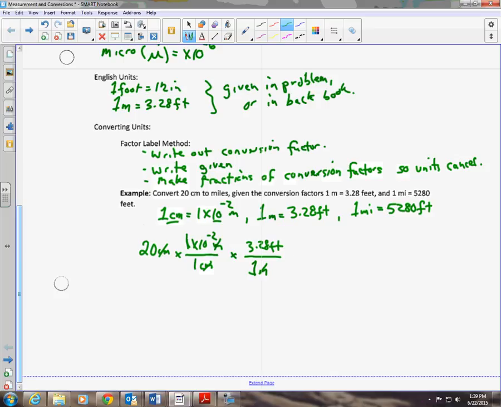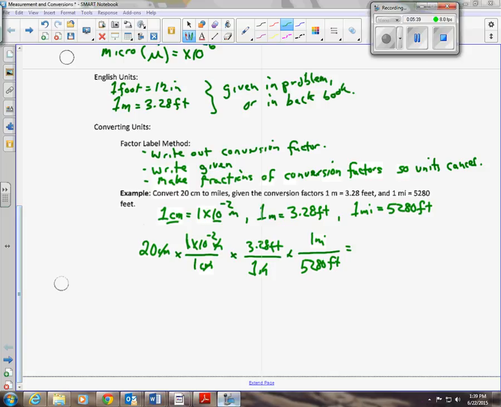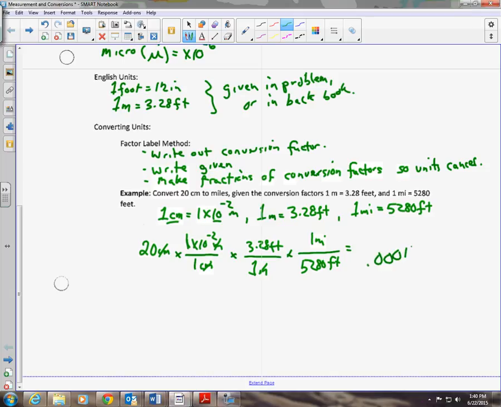My last one is 1 mile is 5280 feet. I want the feet to cancel, so I put 5280 feet on the bottom and 1 mile on top. Now I can multiply it all out: 20 times 1 times 10 to the minus 2 times 3.28, divided by 5280. When I do that, I get an answer of 0.000124 miles.